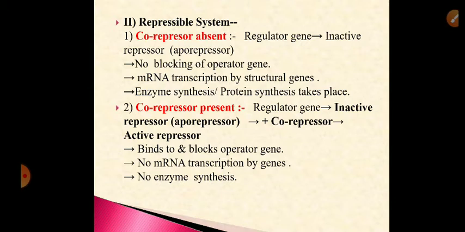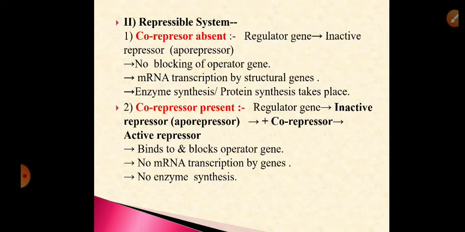This active repressor can bind the operator gene, and blocks it. It blocks the movement of RNA polymerase, and hence no mRNA synthesis from structural genes and no protein synthesis take place. So according to the repressible system, the effector molecule is the co-repressor.